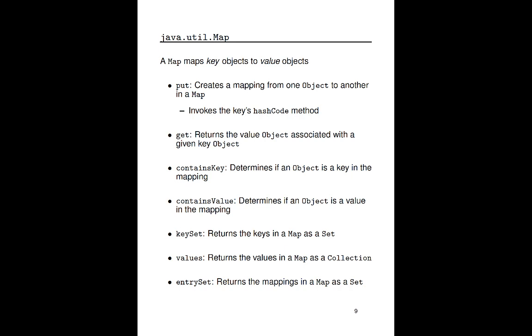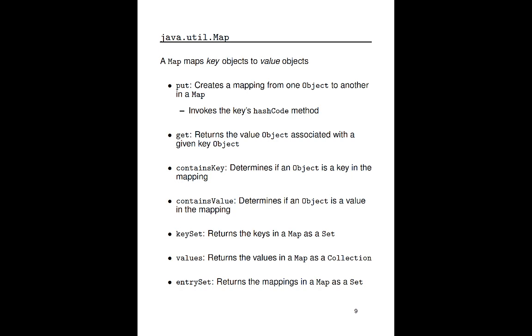Now, recall that in a map, each key object is unique. If you attempt to make multiple mappings for the same key, the new one will just overwrite the old one. And so as a result, all the keys in a map are unique. And so the API returns a set, because a set has objects that are all unique.